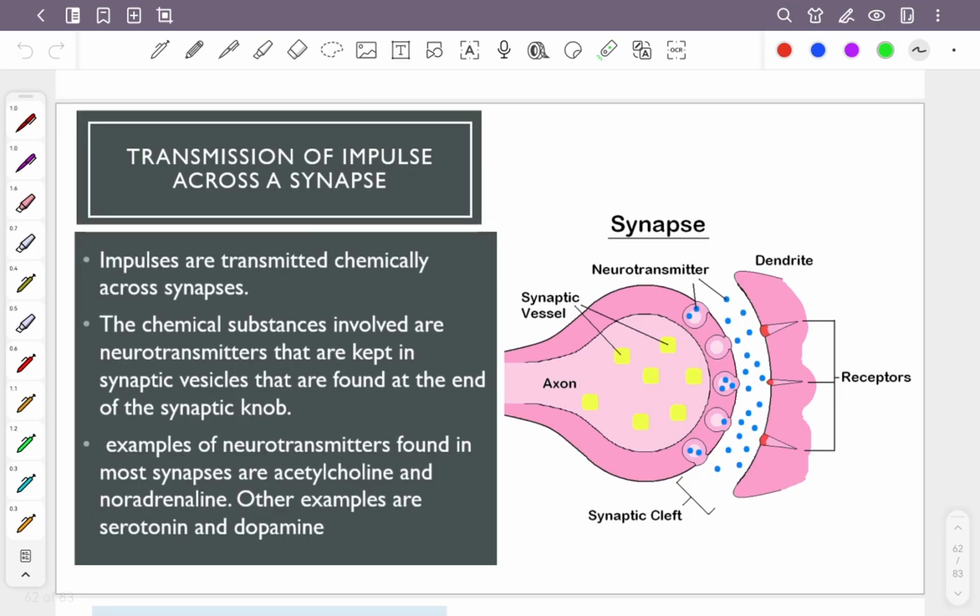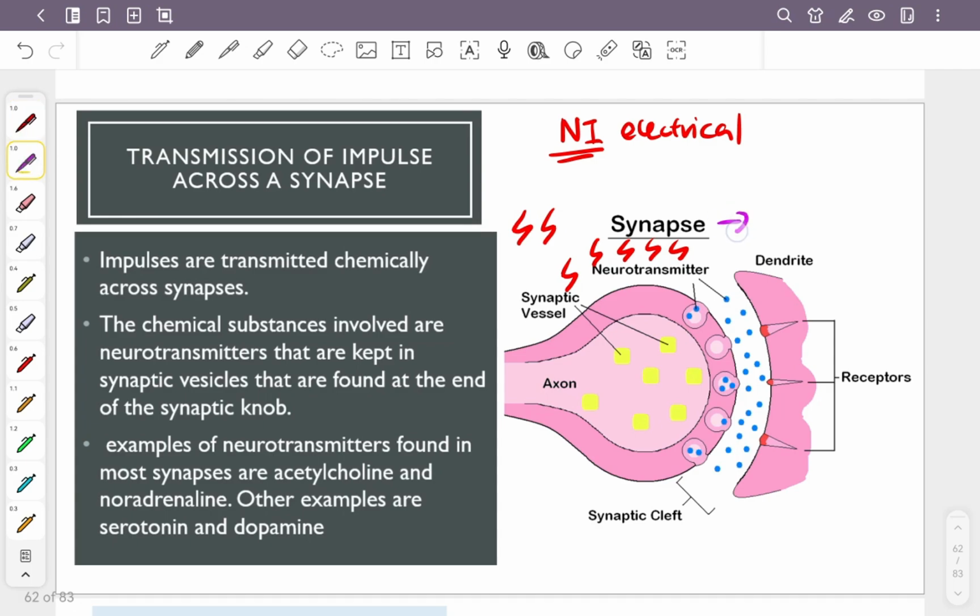So far I told you the nerve impulses are transmitted electrically, correct? Let's say I use the symbol for electrical here, until the synapse. It cannot go through because the synapse is a gap, correct? So what will happen here? Let's read together. Impulses are transmitted chemically across the synapse.